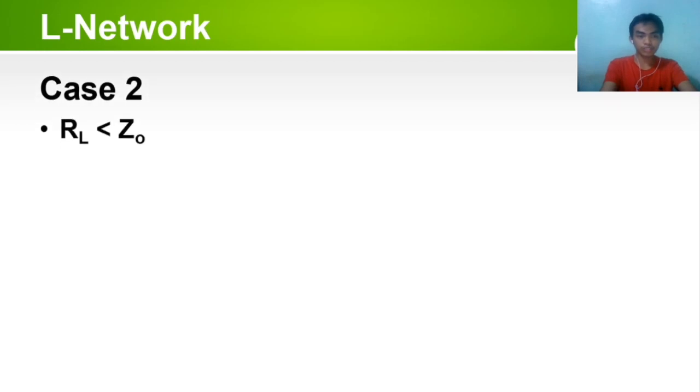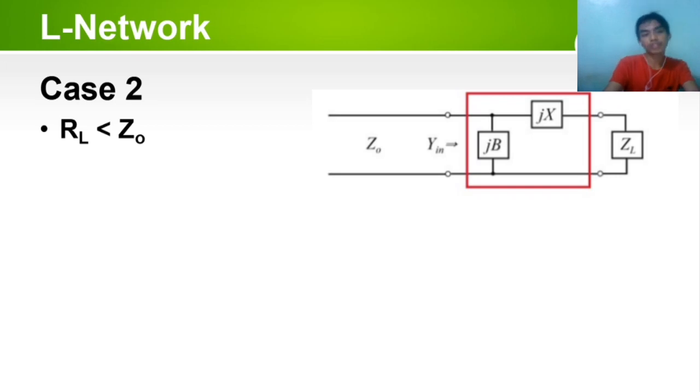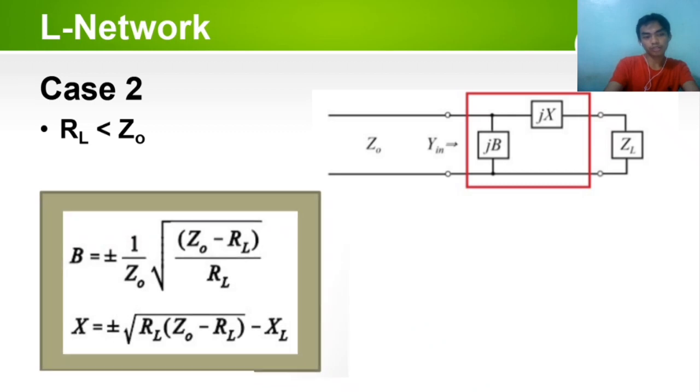For case 2, we consider RL is less than Z0. This is the configuration for the case 2 L network. This is the circuit for case 2. For the susceptance, B is equal to plus or minus 1 over Z0 times the square root of Z0 minus RL, all over RL.